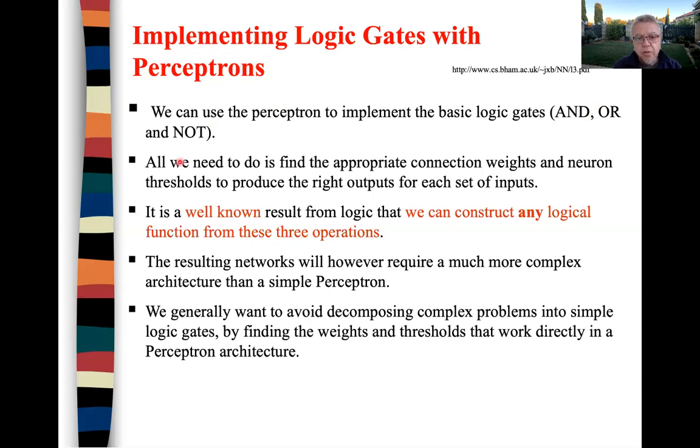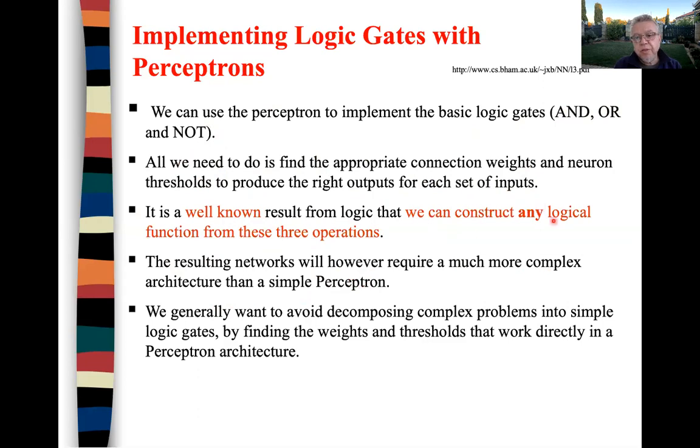operations. So all we need to do is to find the appropriate connection weights and neuron thresholds, or the bias, to produce the right output for each set of inputs for these functions. As I said, it is known that we can construct any logical operation from this AND, OR. But the resulting networks will, however, require much more complex architecture than a simple perceptron.